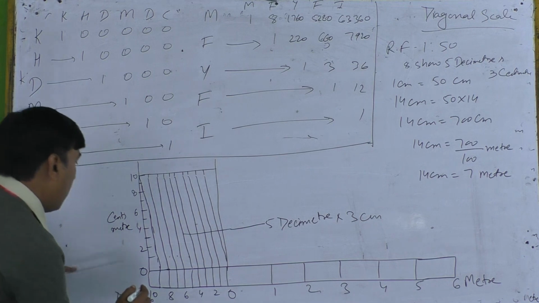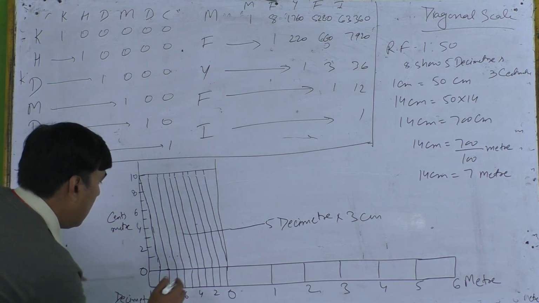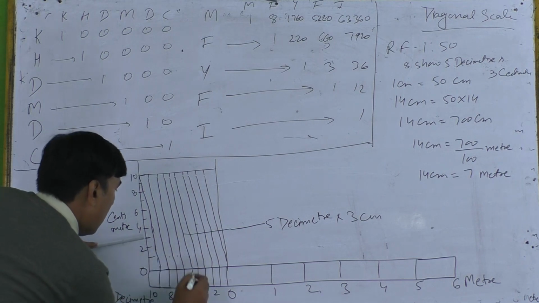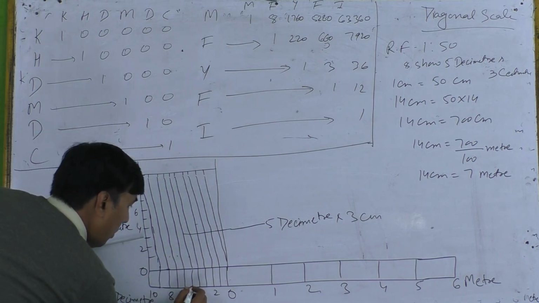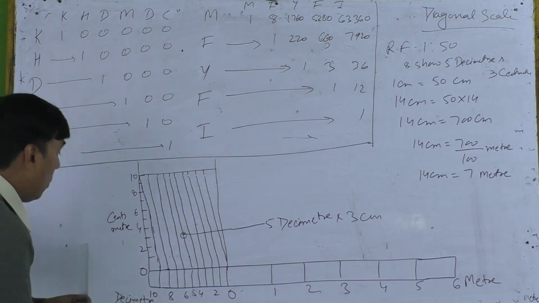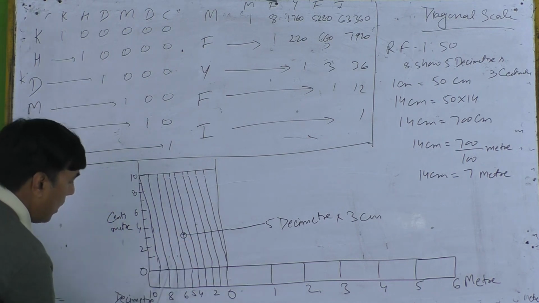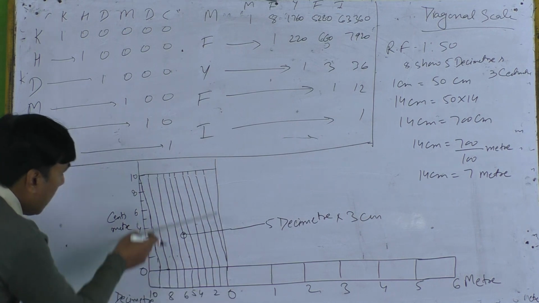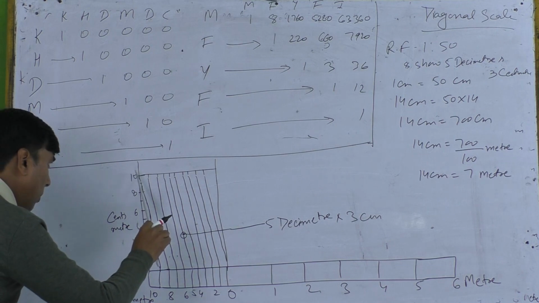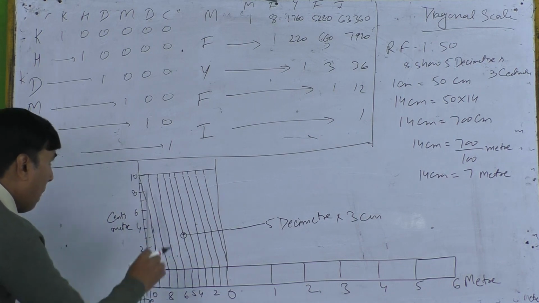Okay, now look here, this line is 5 and this line is 3. So these lines are meeting where? This point. Okay, so you can see that there are 10 divisions here and 10 divisions here. So the 10th point should meet this point.